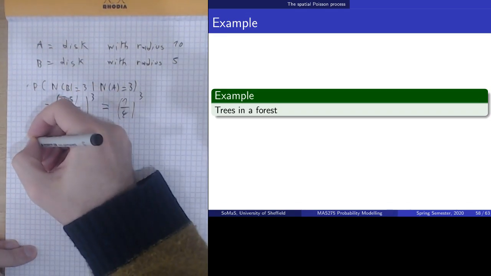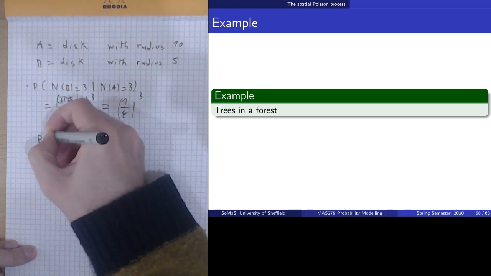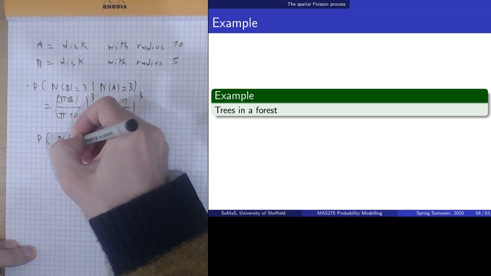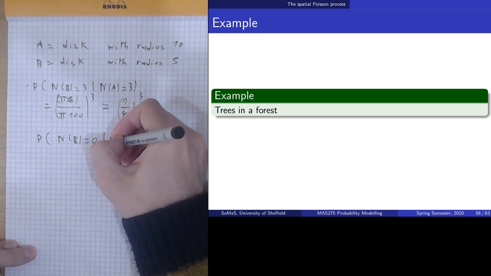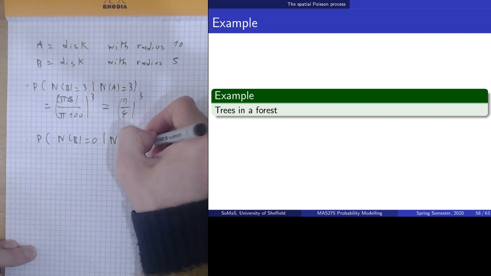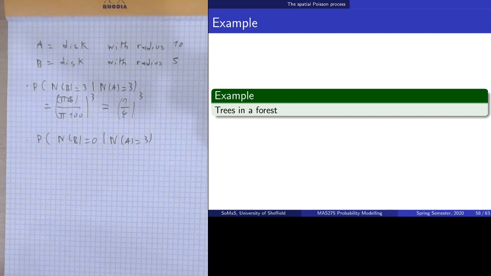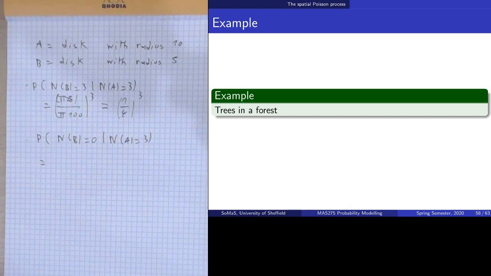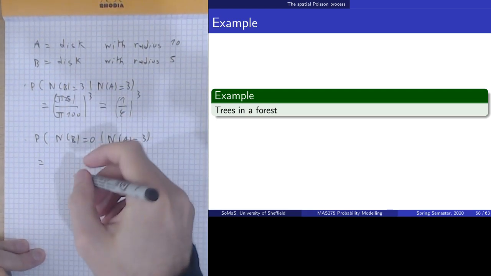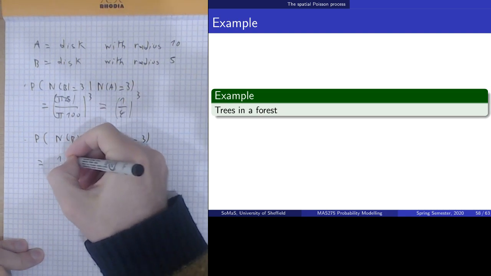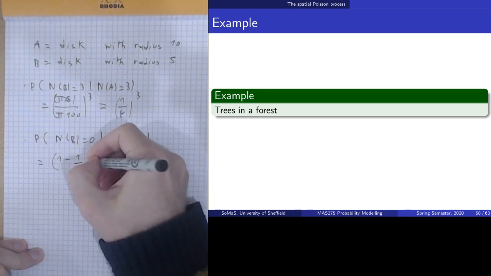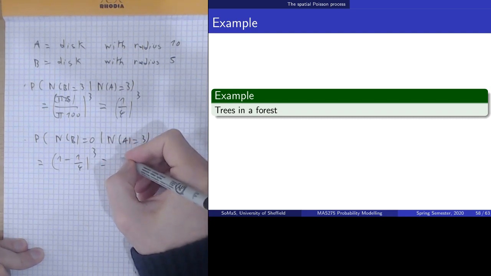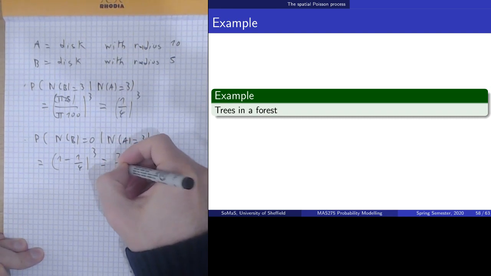So just for completeness, what is the probability that n of B equals 0 conditionally on n of A equals 3? Well, that is going to be, of course, so we know the ratio of the areas is 1/4, so it's going to be 1 minus 1/4 cubed, and that's 27 out of 64.